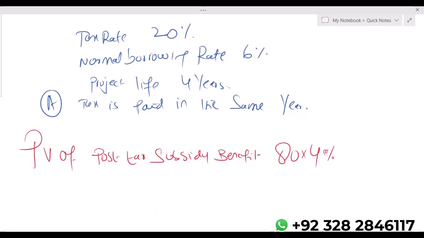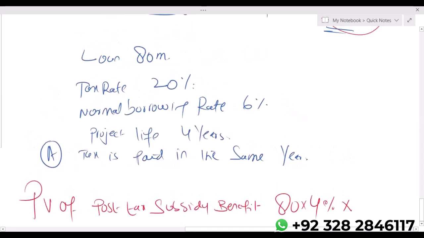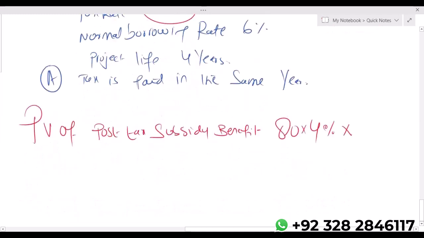Subsidy benefit percentage is 4%. Post-tax, after tax, tax rate is 20%. If the tax rate is 20%, 1 minus t means after tax will be 80%. Repeat: if I'm paying 20% tax, then post-tax is 80%. If the tax rate was 30%, I would have multiplied with 70%.